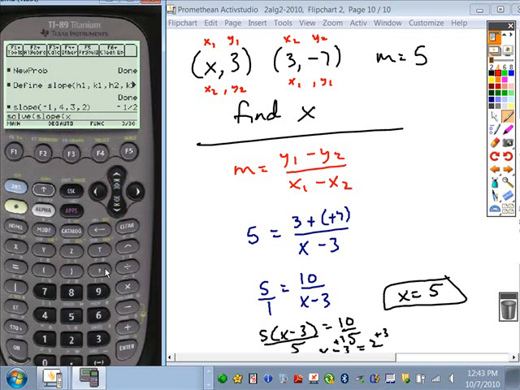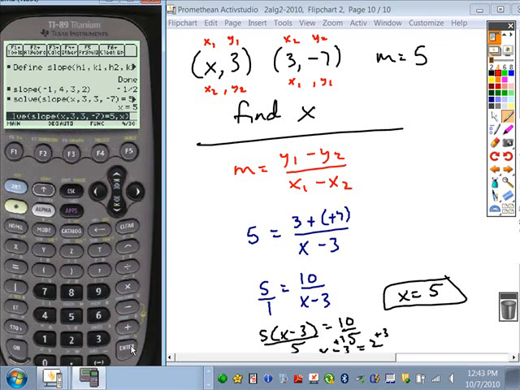So we have x, comma, 3, comma, 3, comma, negative 7. Tell it what we want that slope to equal. We know that the slope is equal to 5. Tell it what we want it to solve for. We want to solve for x. And now we can just hit enter, and we get our solution of 5.